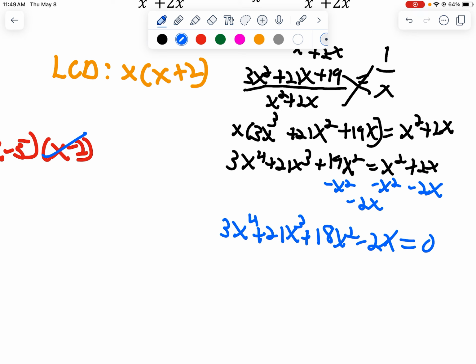Crazy, crazy. Okay. So looking at this, I can't pull out 3, so I can pull out an x. That gives us 3x cubed plus 7x squared plus 6x minus 2.